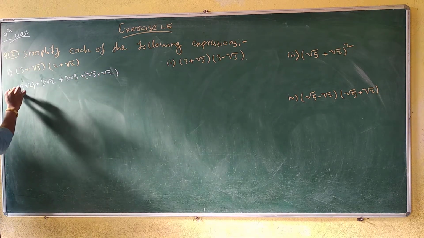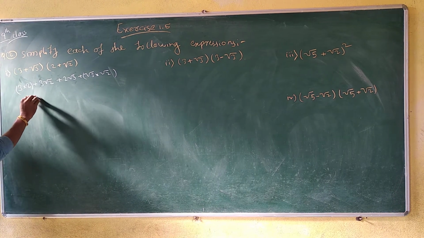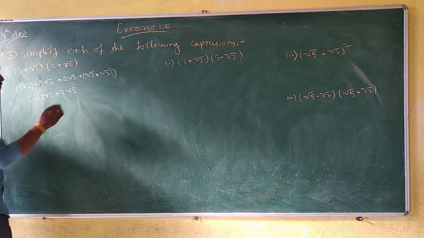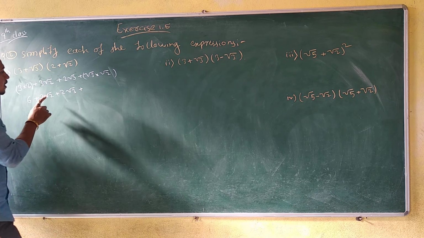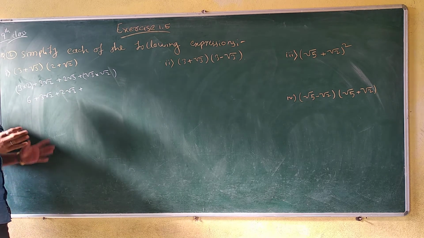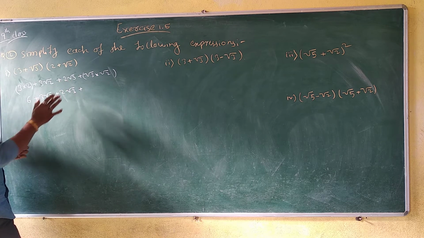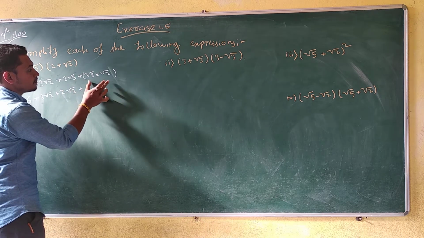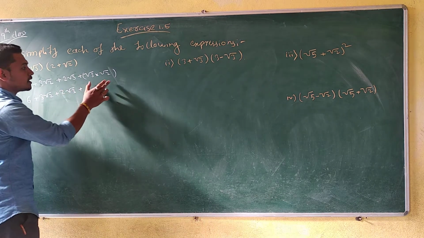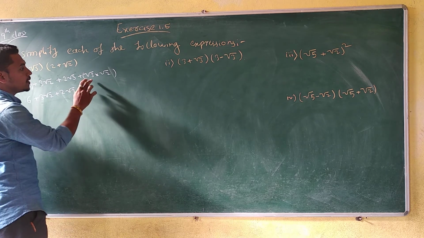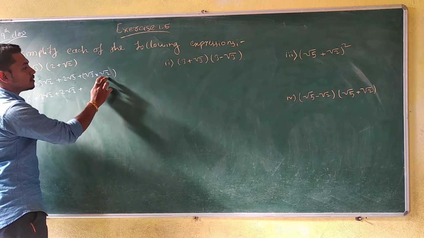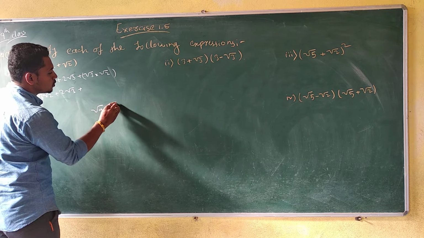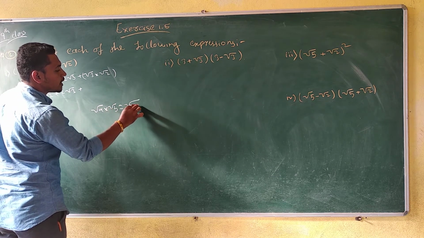See here, 3 twos are 6 plus 3 root 2 plus 2 root 3. Now see here, root 2 and root 3 we can't add to each other. These two terms are separate, so we have to write them as they are. Next plus, in the case of multiplication, we can multiply these numbers inside the roots: root a into root b is equal to the square root of a into b.